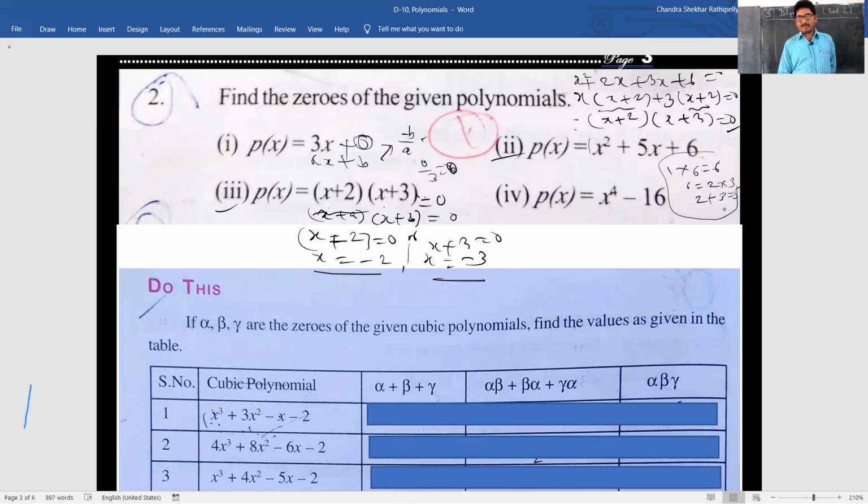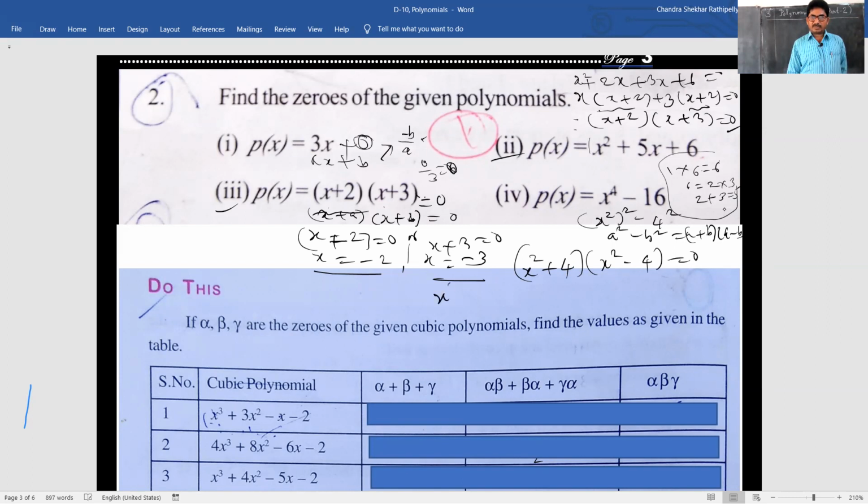So can you solve this problem? It is in the form x square whole square minus 4 square. So it is in the form a square minus b square, then a plus b into a minus b. So x square plus 4 into x square minus 4 is equal to 0.